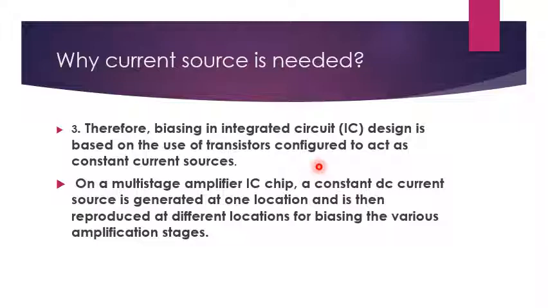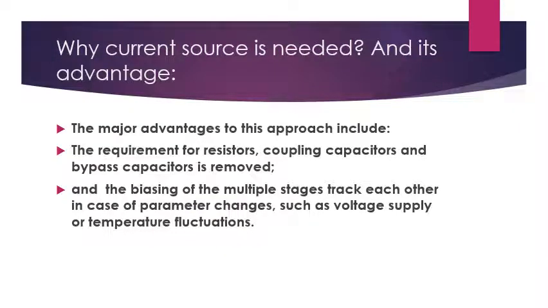Now, on a multi-stage amplifier IC chip, a constant DC current source is generated at one location and is then reproduced at different locations for biasing the various amplification stages. The major advantage to this approach is that the requirement for resistors, coupling capacitors, and bypass capacitors is removed.